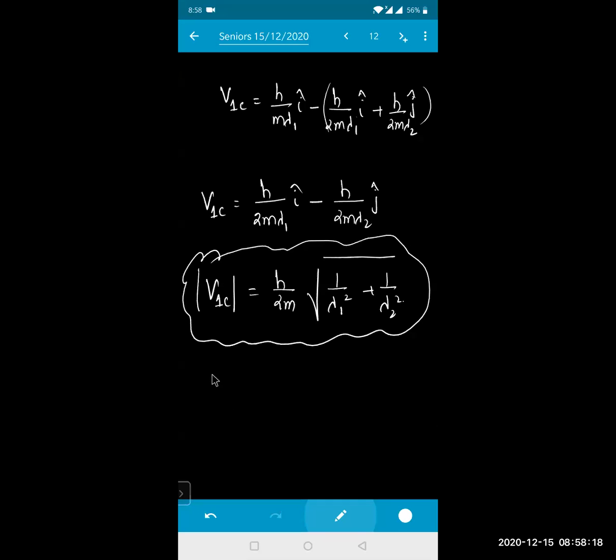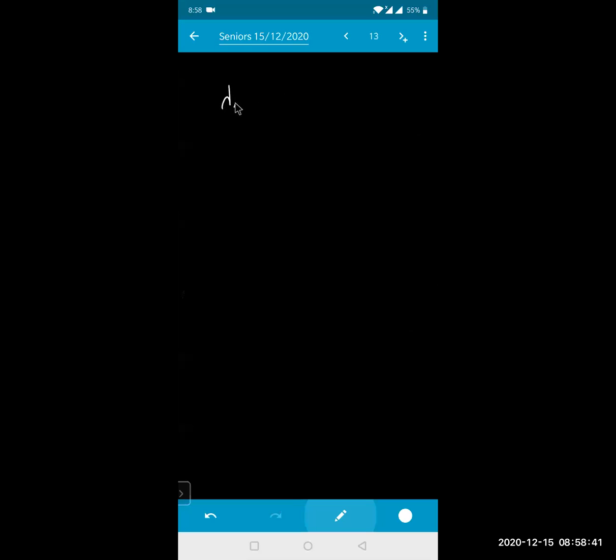What we need? The de Broglie wavelength of the first electron in the center of mass frame is given as, using the de Broglie wavelength formula, lambda of 1c will be equal to h by m into velocity of 1 into c.